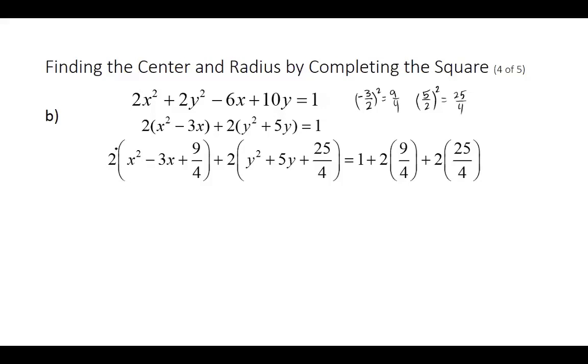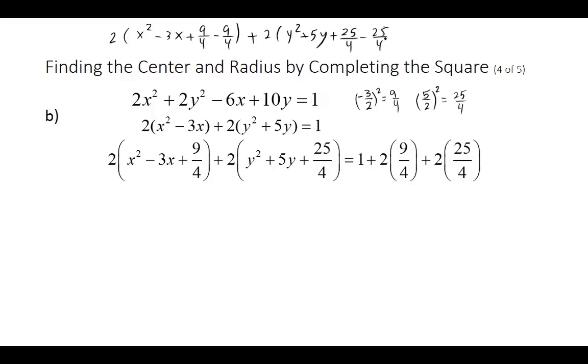So what I'm really doing here is, I'm going to write up here, 2 times x squared minus 3x plus 9/4, and then I would put minus 9/4, plus 2 times y squared plus 5y plus 25/4 minus 25/4.